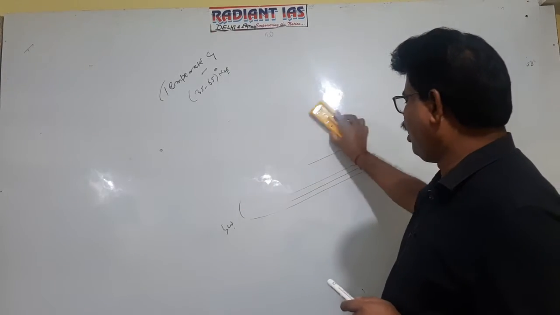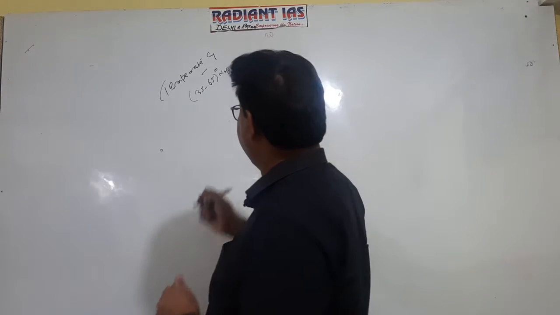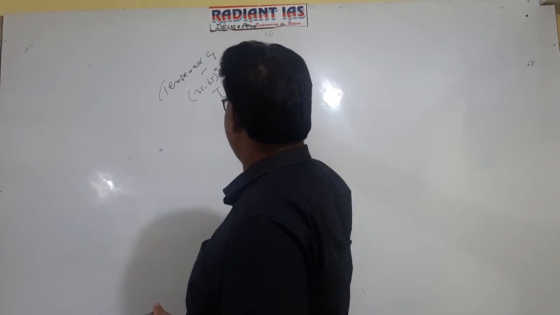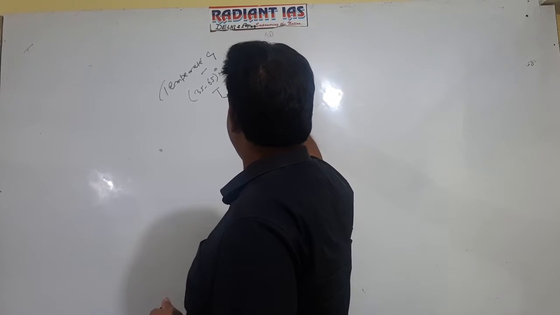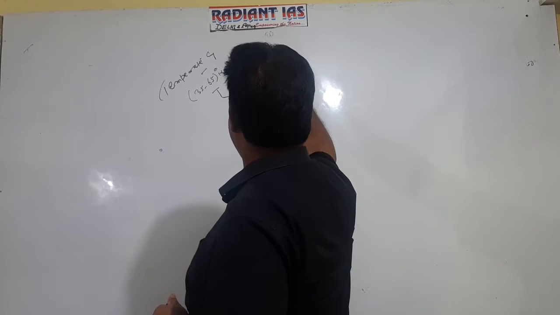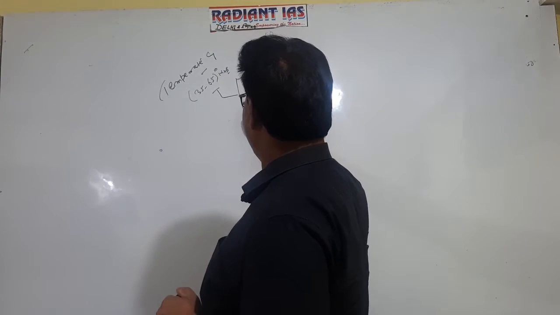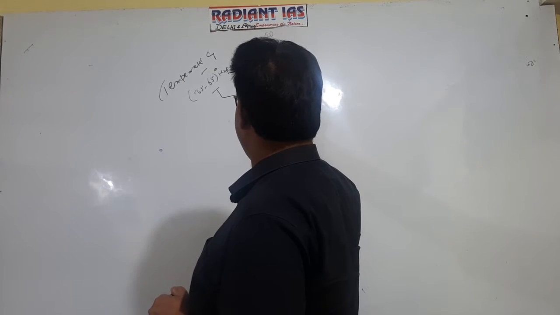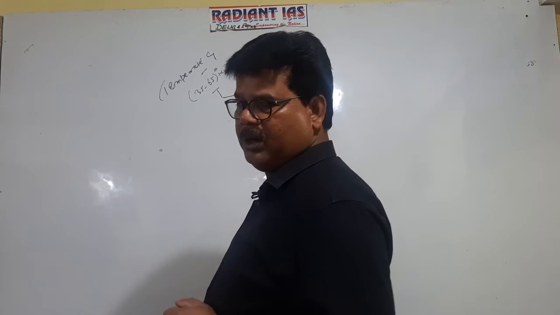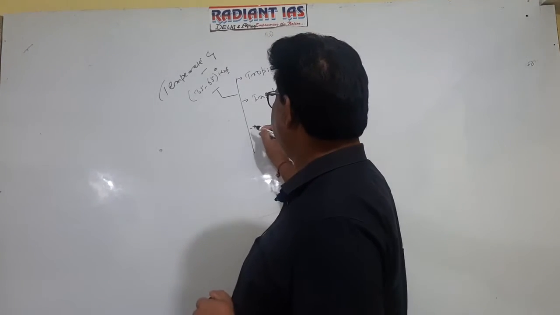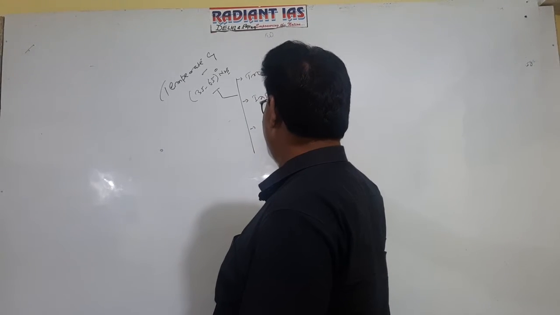Now, as far as temperate cyclone is concerned, there are several types of temperate cyclone. The first one is tropical depression. Second is insolation cyclone. Third type of temperate cyclone is frontal cyclone.